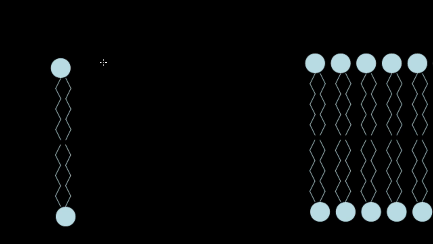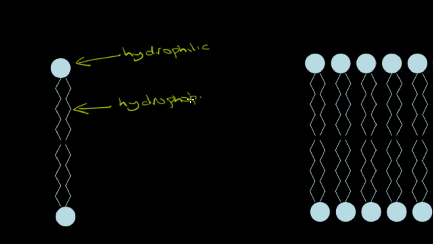So what happens with the phospholipid bilayer? Well, as we've said, the head is hydrophilic, so it likes water. The tail is hydrophobic, so it doesn't like water.